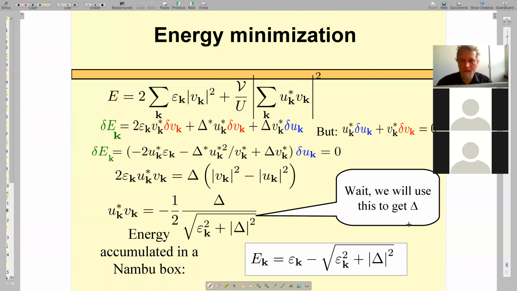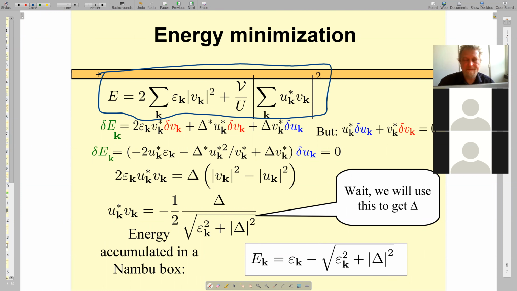Good. Then we have a problem of finding the minimum of this energy with respect to u's and v's at each k. It's not such a big problem because all these k's contribute independently. So how do I compute the minimum?